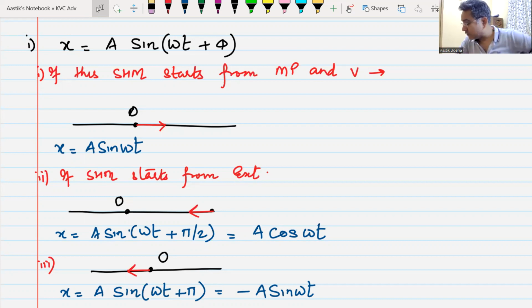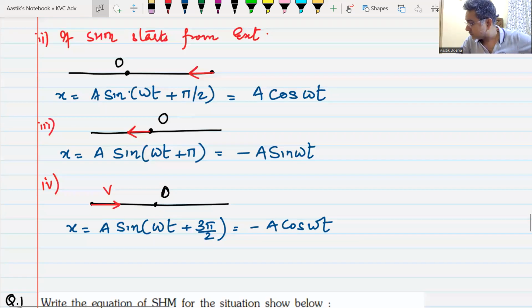If the SHM starts from one position, how do you write it? If it starts from the next position, how do you write it, and so on. Do we remember this? If the SHM starts from one extreme position, how do you write the equation? If it starts from the other extreme position, how do you write it?